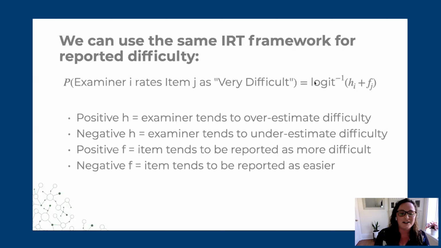I'm cheating a little bit here because this is an ordinal logistic regression model, so we're also estimating some cut points, but this is the main idea. Examiners who are estimated to have positive H tend to overestimate the difficulty relative to other examiners and the items that they saw. Examiners with negative H's tend to underestimate the difficulty. Items with positive F's tend to be reported as more difficult than we would expect, and negative F's are items that tend to be reported as easier.